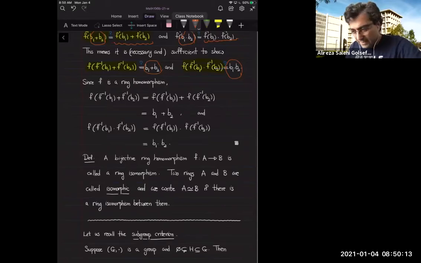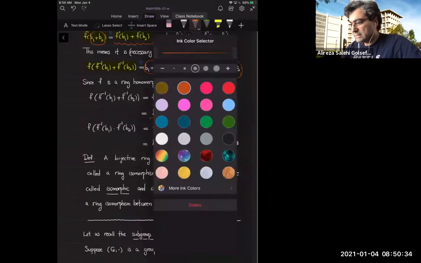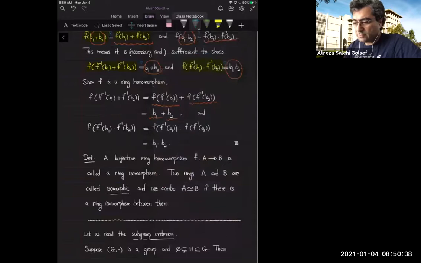That means I'm going to get F of F inverse b1 plus F of F inverse b2. And by definition of inverse functions, this is just b1 and the other one is b2. And this is precisely the equality that we were looking for.